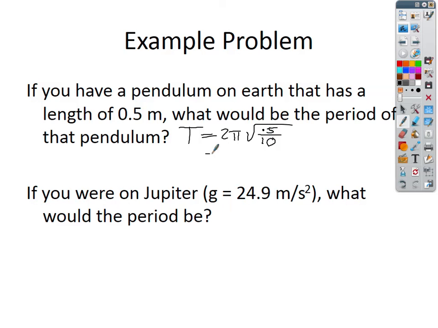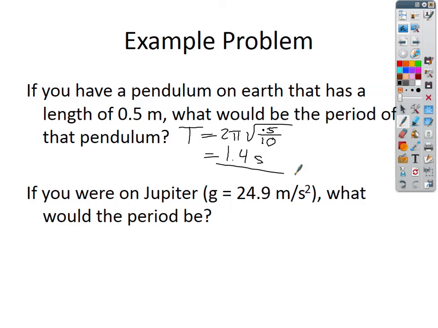Obviously, it depends on the teacher. Some teachers are sticklers and say it'd be 9.8. Let me solve for that real quick. I'm getting basically 1.4 seconds. I'm going to do that one more time just to make sure. Yep, 1.4 seconds.